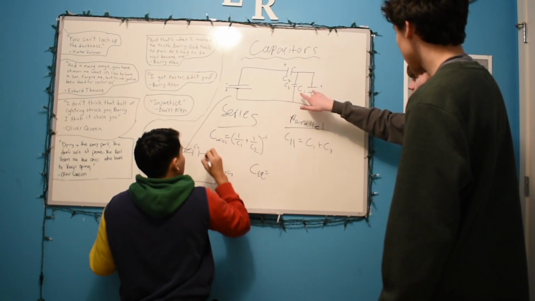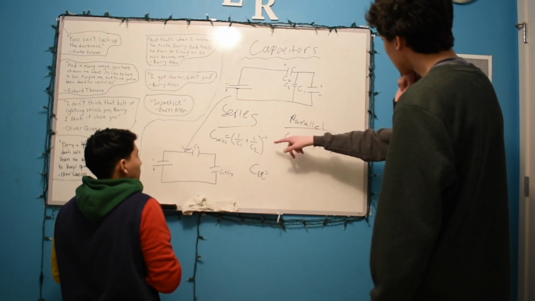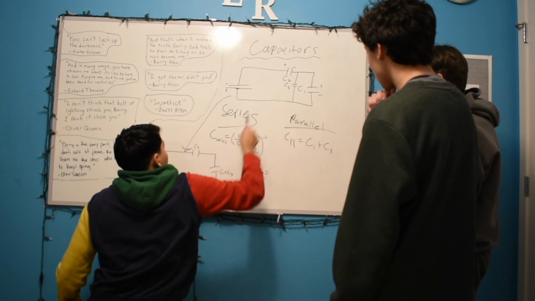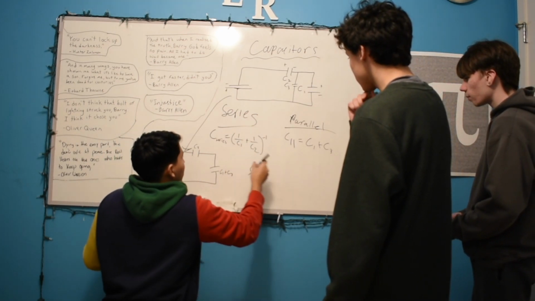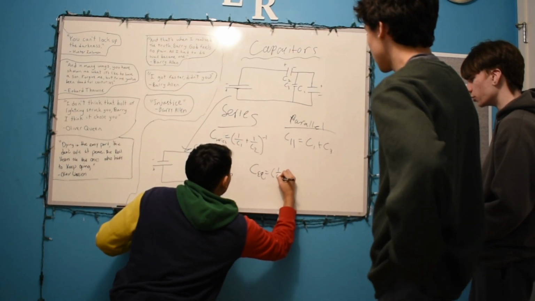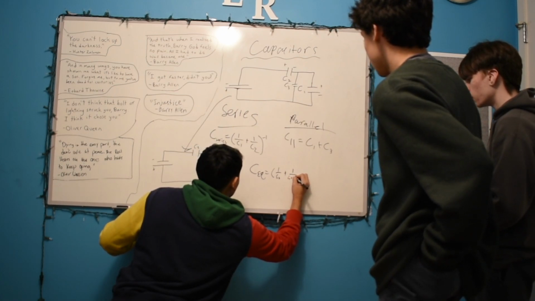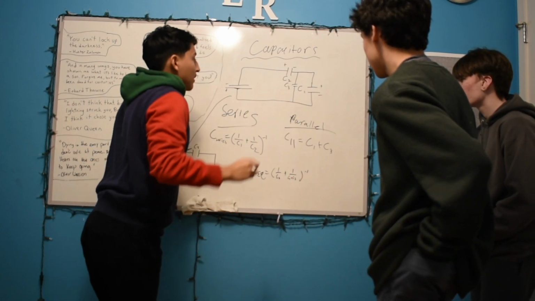So once you add these together, then you have to use this formula because they're now in series with each other. It would become a series circuit. You can combine these two, and then turn it into a total series circuit, so then it would be 1 over C2 plus 1 over the total of C1 plus C3, to the minus 1. Yeah, that goes the same with resistors.